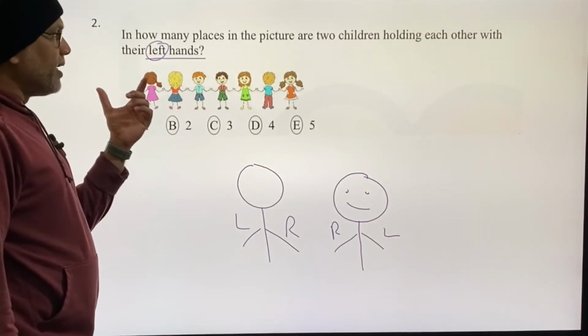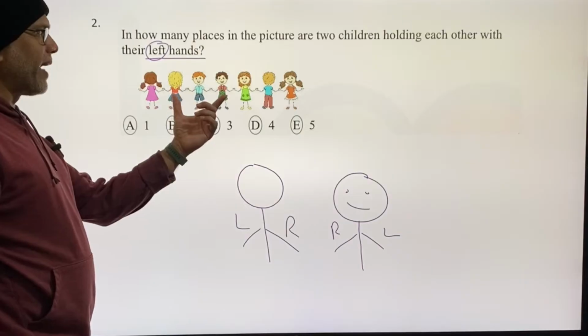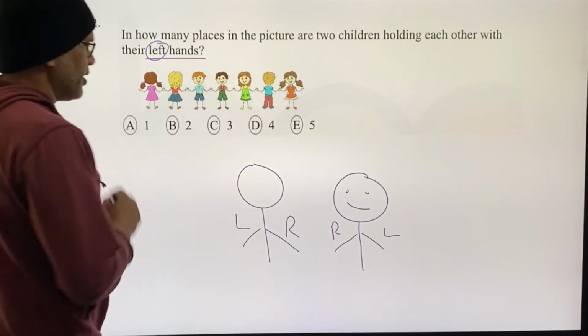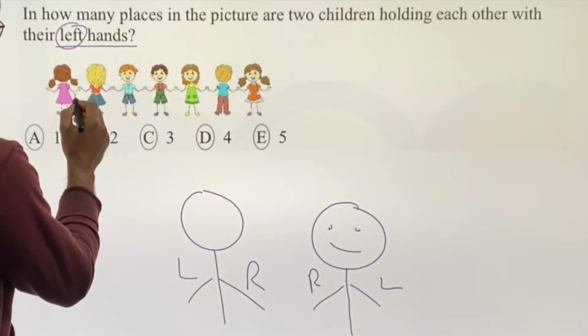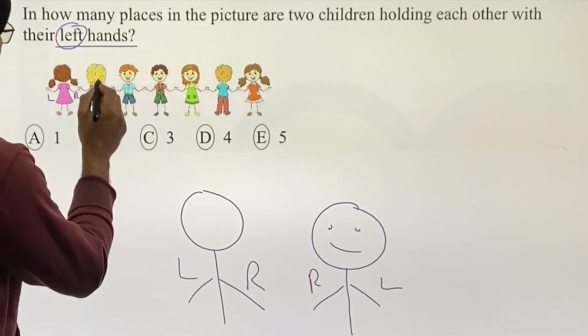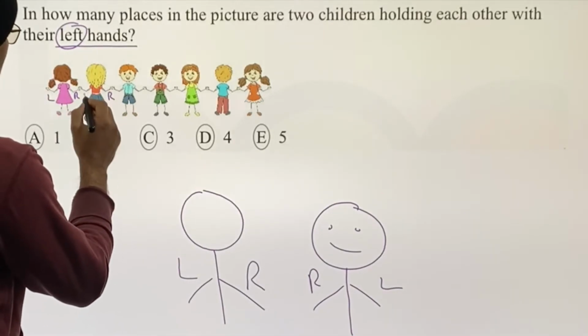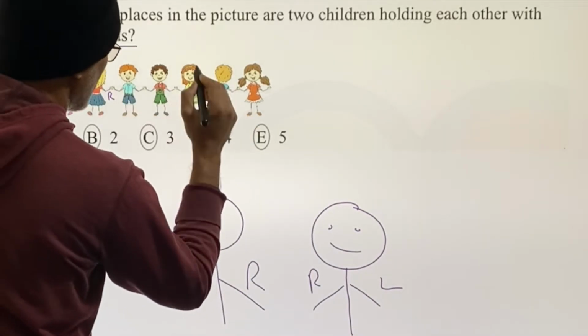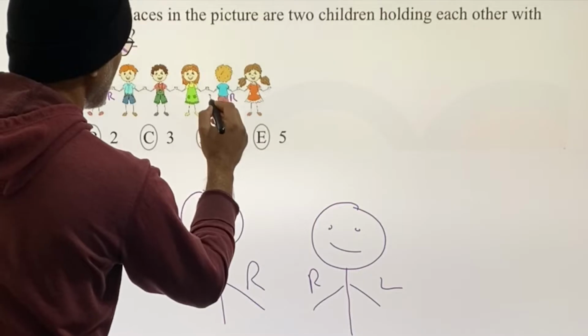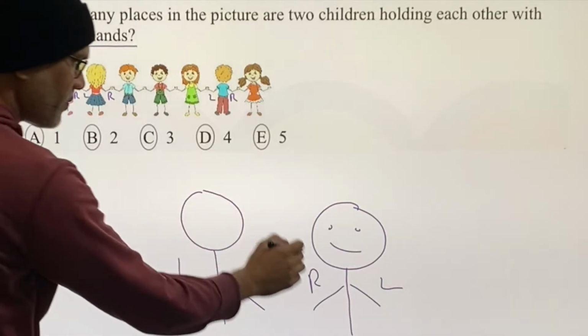Now accordingly, let's mark the left and right hands of each of the child here. So she is looking into, so this is going to be right, left, similarly right, left. He is looking into, so this is right, left. All right.